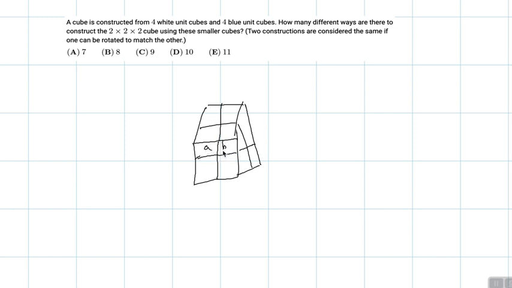So this will be A, B, C, D, and then this little cube back here is E, F, and then H and G is going to be back there. And the way that we can think about this is thinking about the front face of the cube. We have A, B, C, D, and the back face of the cube we have E, F, G, H.